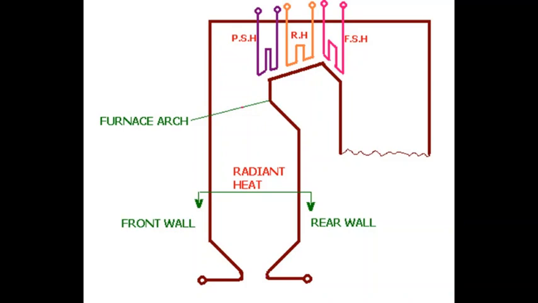So we find there is a continuous circulation due to thermosyphonic action, which is generated due to density difference between the water column in the downcomer and the water-steam mixture column in the furnace water walls, and this density difference gradually decreases with rise in pressure.